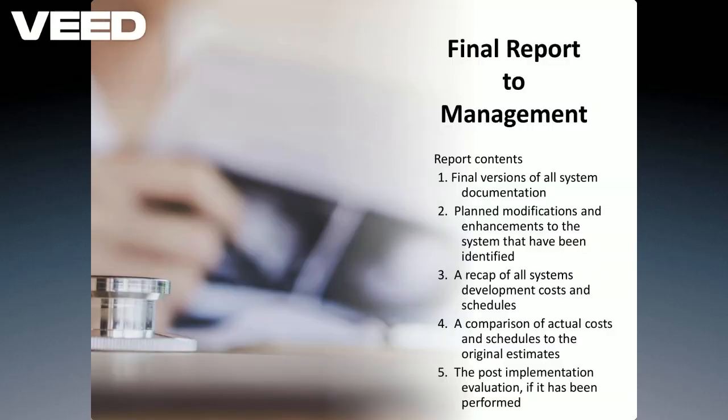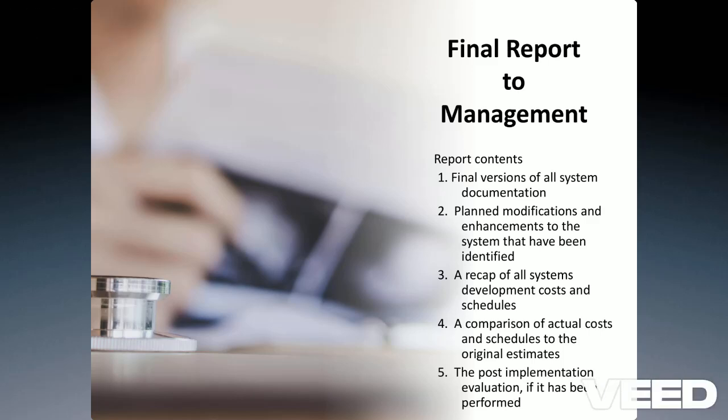What are the contents? So when you are submitting to management, this is the last activity apart from maintenance, which will follow as the next stage. You need to ensure that that report, ladies and gentlemen, contains all the system documentation, all the manuals, all the codes, ideally as an appendix.